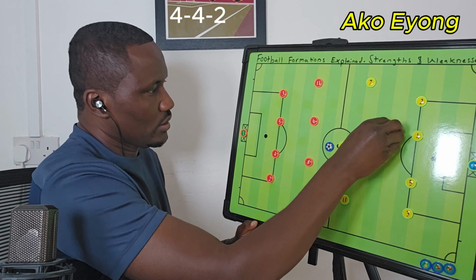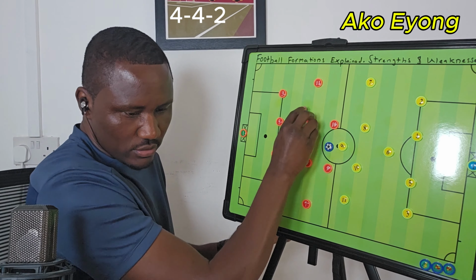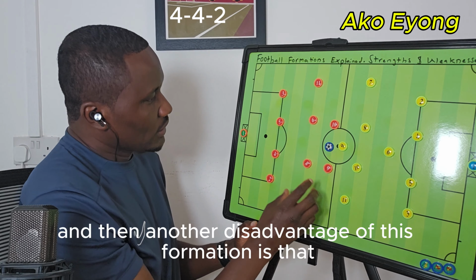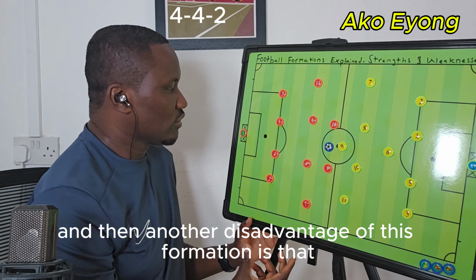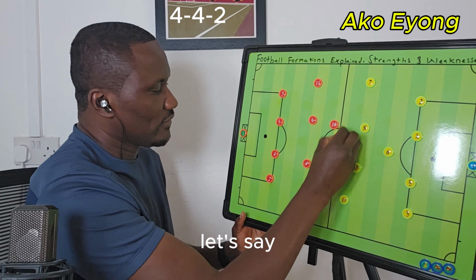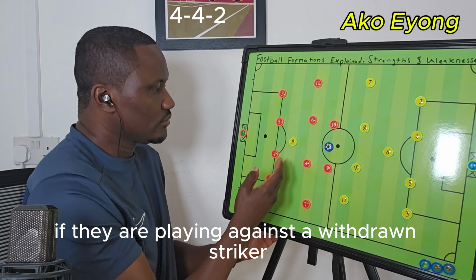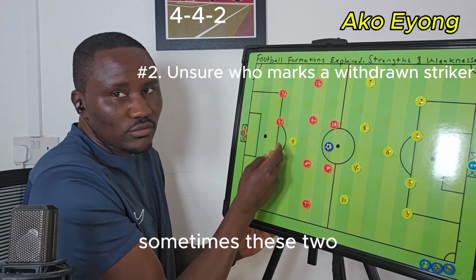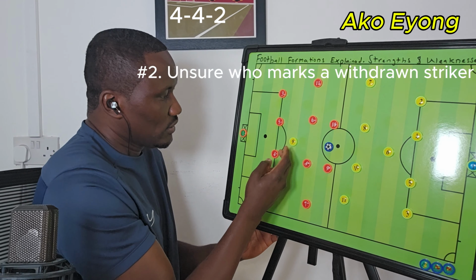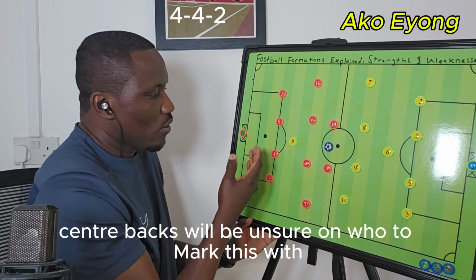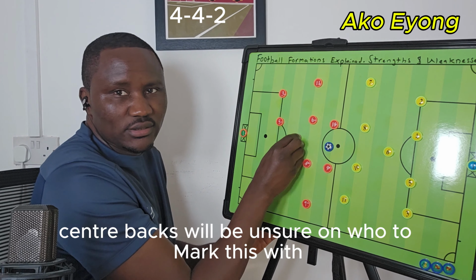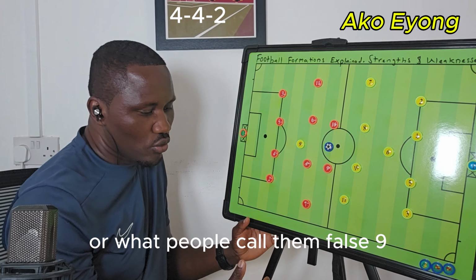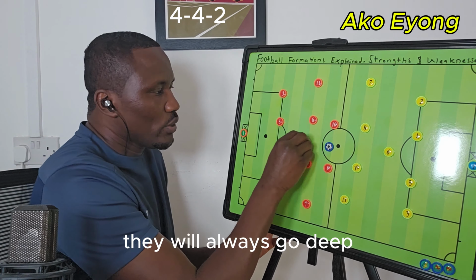Bring this one back here. Another disadvantage of this formation is that if they are playing against a withdrawn striker, sometimes these two center backs will be unsure who to mark if he goes deep, because withdrawn strikers, or what people call that first 9, will always go deep.